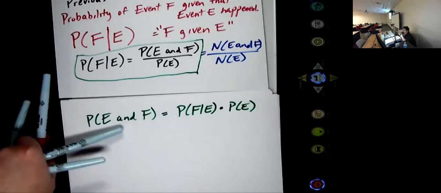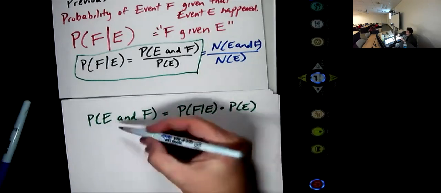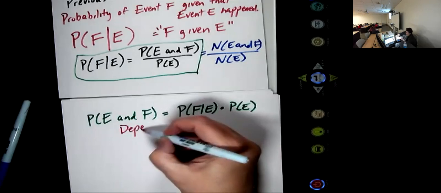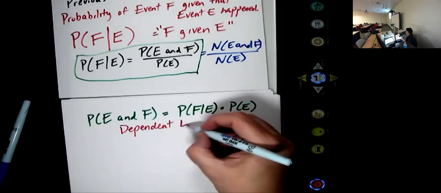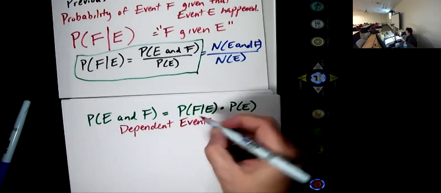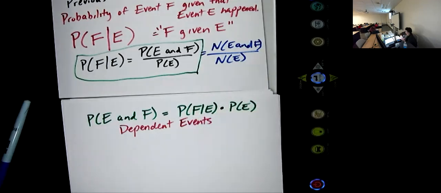This is for dependent events, when F depends on the outcome of E. This should look a little familiar to you in one form.